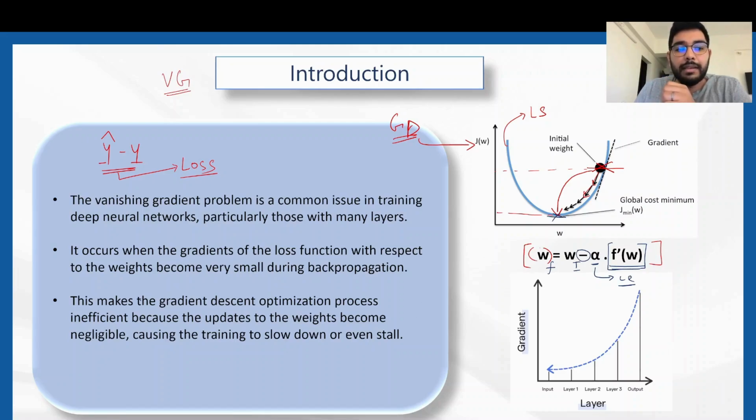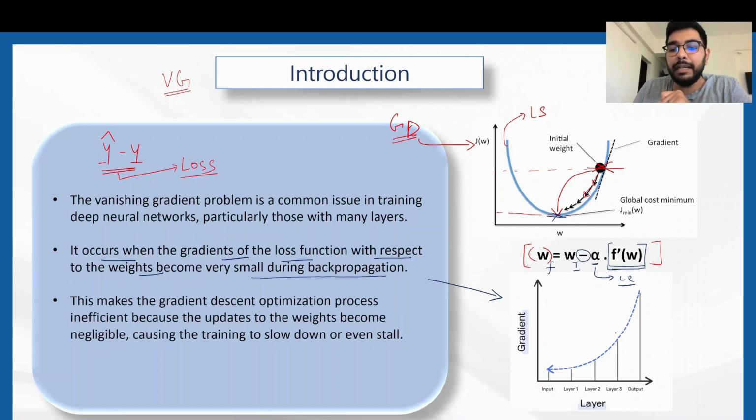Now that we have understood briefly what gradient descent is, what is the meaning of vanishing gradient? Vanishing gradient occurs when the gradient of the loss function with respect to the weights becomes very small during back propagation. If you see this graph over here, as we are going in the back propagation, let's say the neural network has 3 layers.